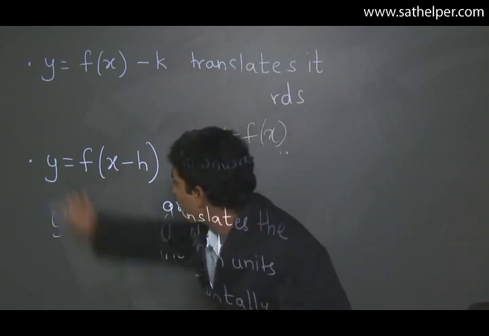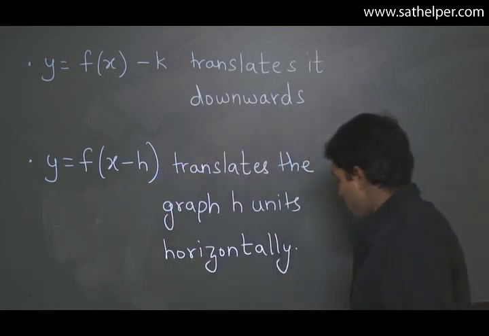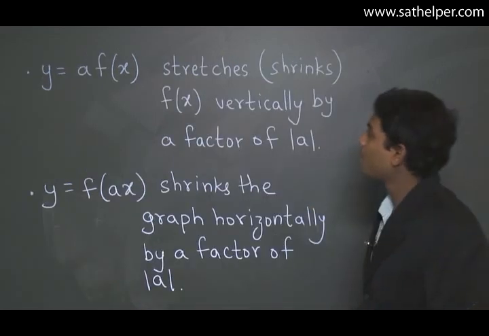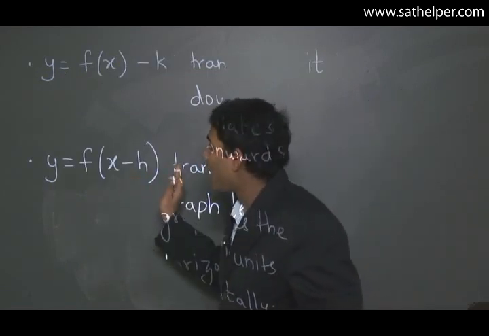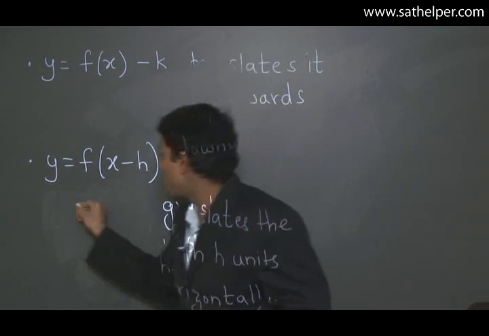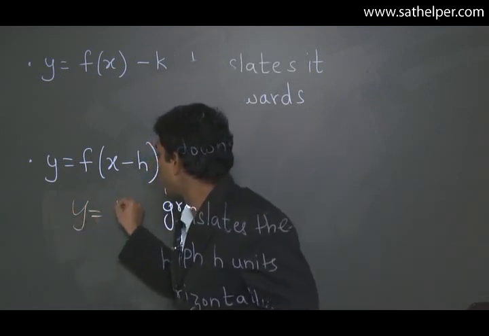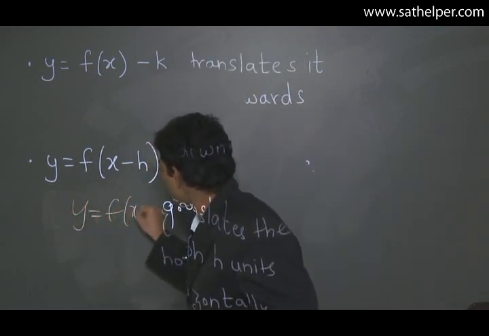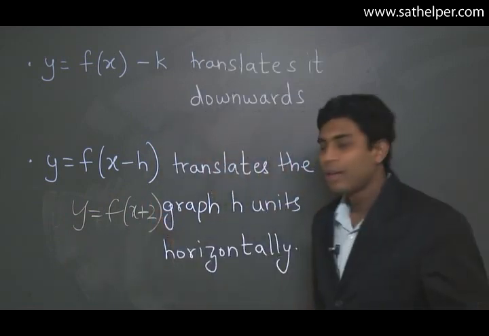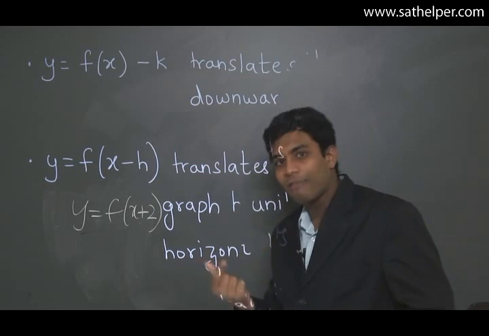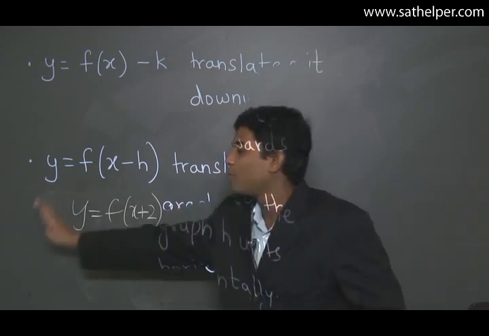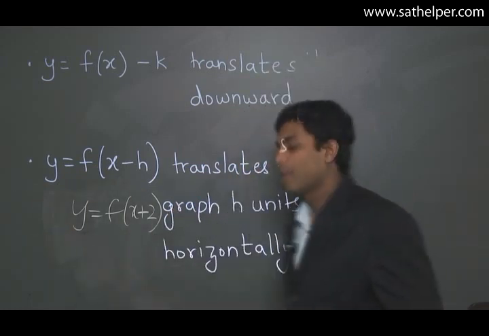Now, what would happen if we add an element to x? Then we would be looking at a translation to the left side. For example, if you look at f of x plus 2, then the graph of this function is nothing but the graph of the function y equal to f of x just translated to the left by 2 units. Alright?